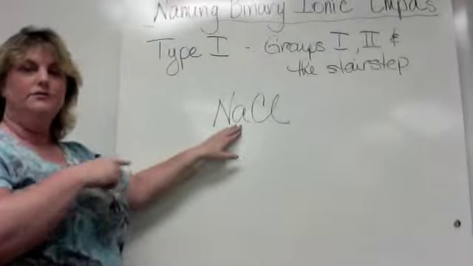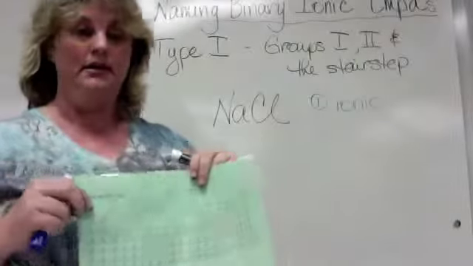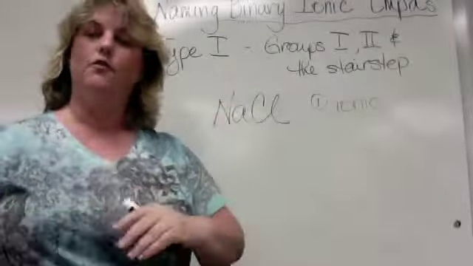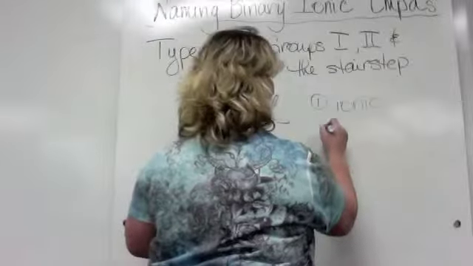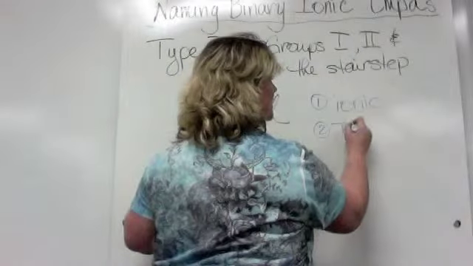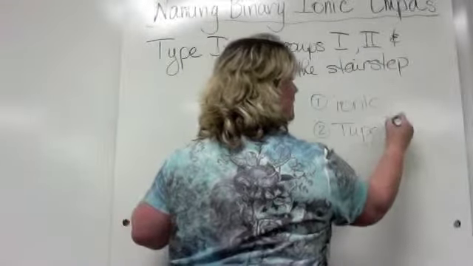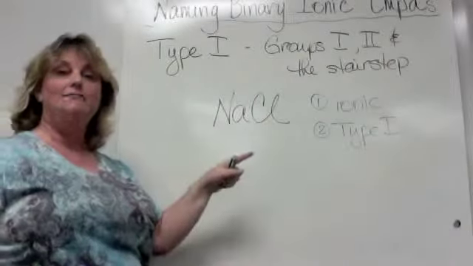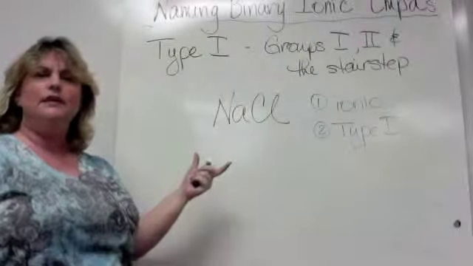It's sodium, and sodium is in group 1. Therefore, group 1, sodium is a type 1 metal. So question number 2, it is a type 1 metal. Now, what that means is it can only carry one type of charge.